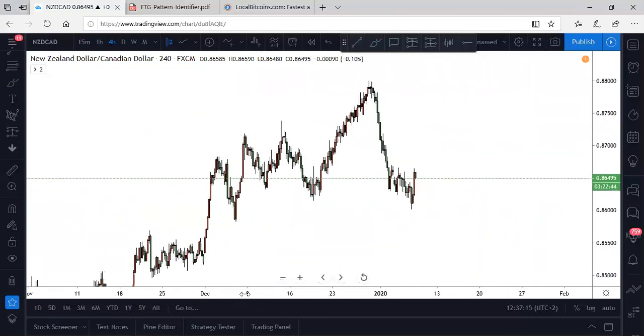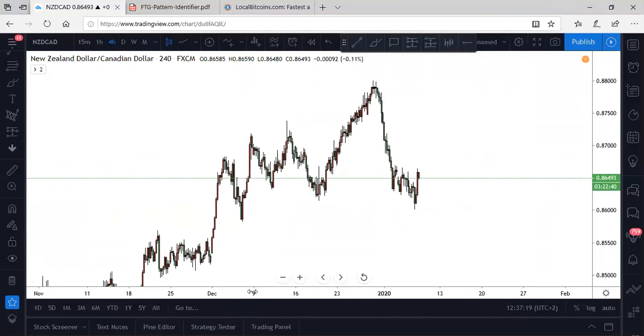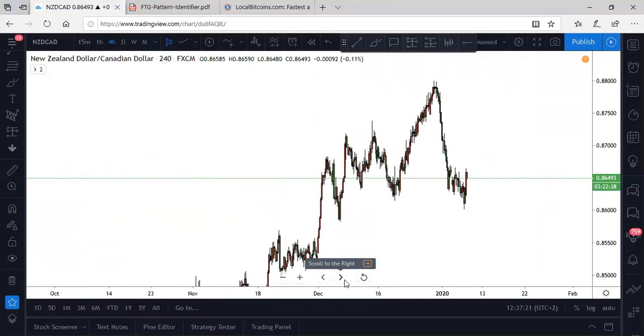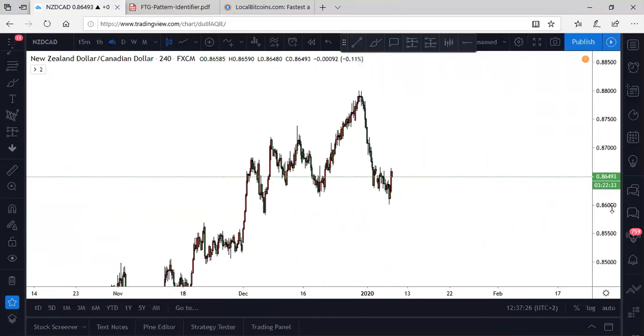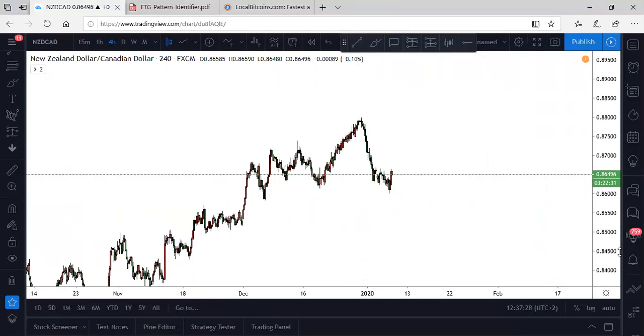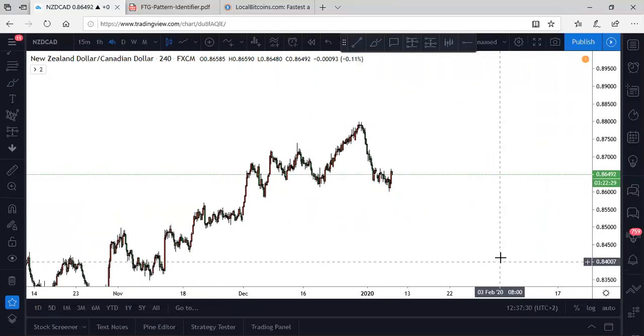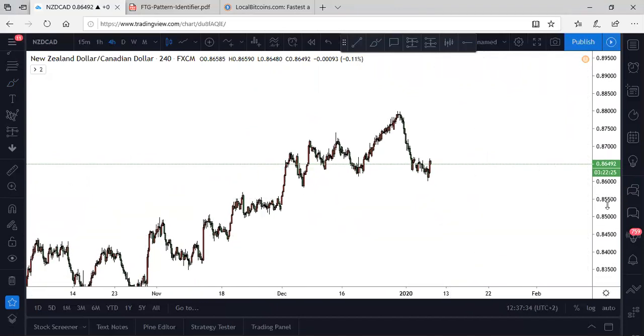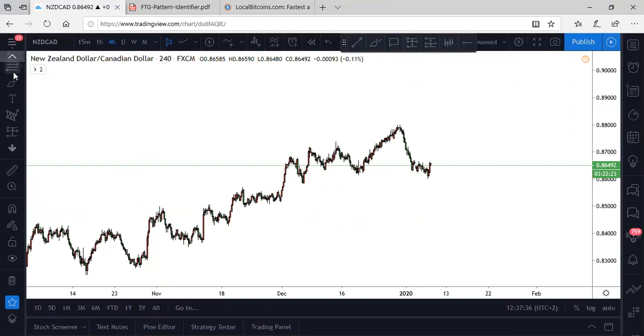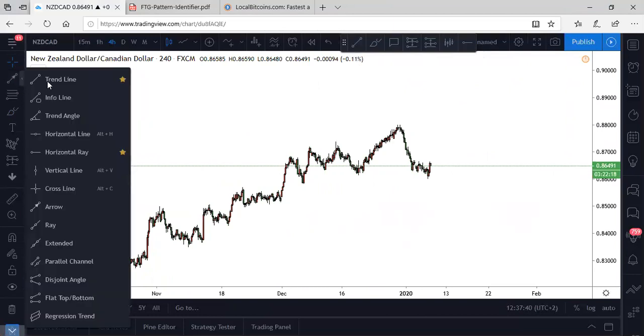Whenever you want to identify these phases, I advise you to zoom in as much as you can so that you can see the big picture. So from here, guys, I can see the phases.